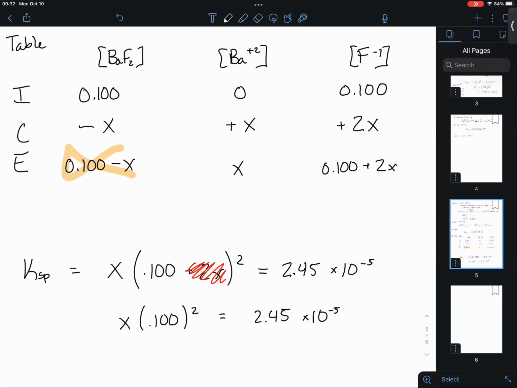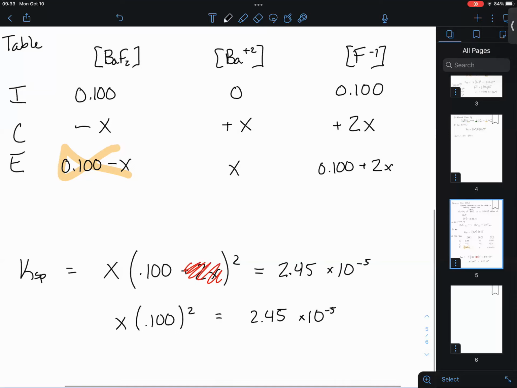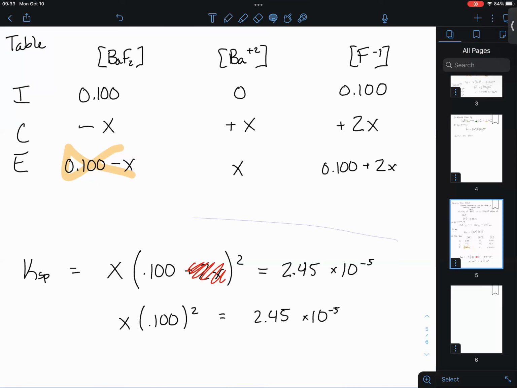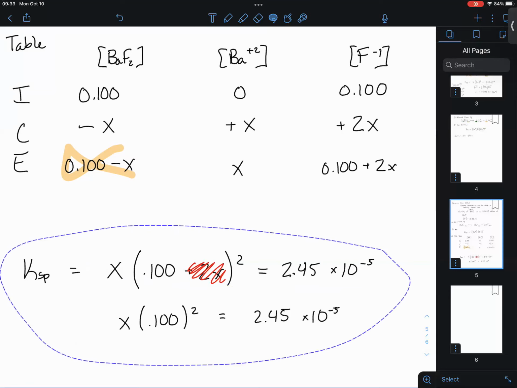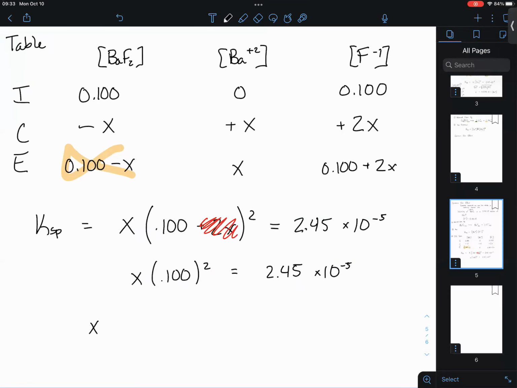All right, so if we solve this, we get that X, which was our barium ion concentration, is equal to 0.00245 molar.